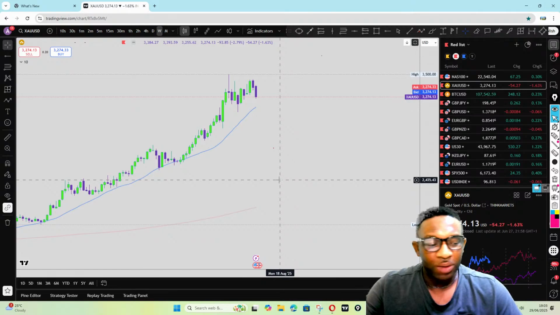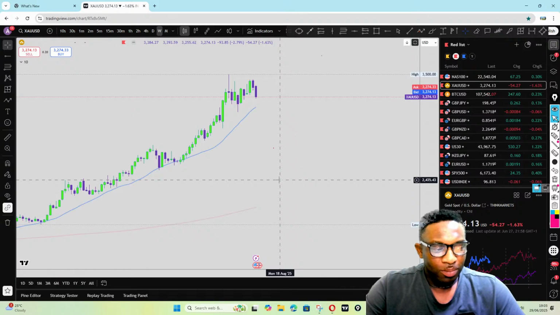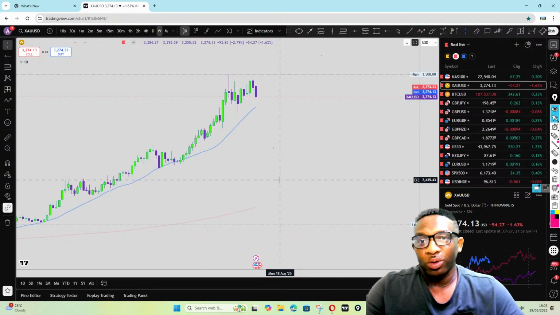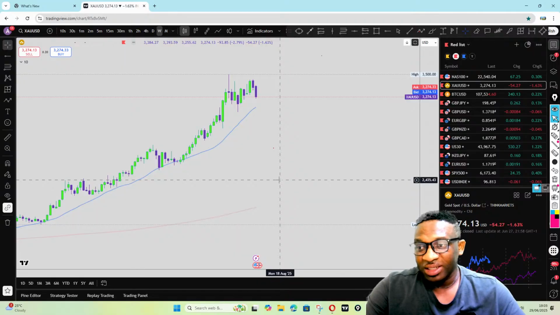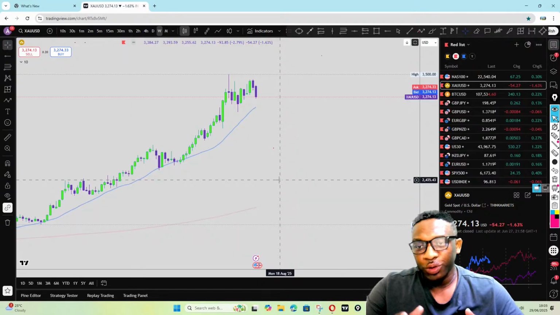It also helps to increase your accuracy in terms of taking your trades. It increases your accuracy as you go about taking your entries, and it also makes trading less stressful because you've already gone through the charts, done your top-down analysis, and so you have the bias on where price is likely to go as the market plays out.